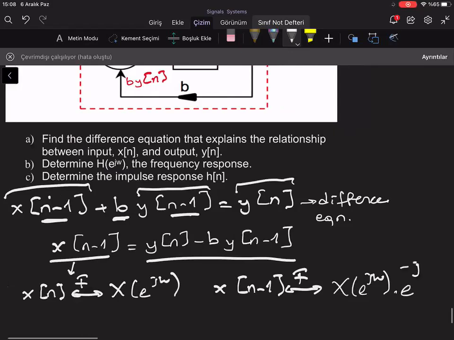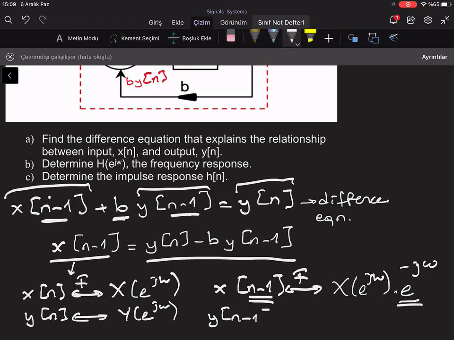From the properties, if there's a time shift here, it means there is a phase shift in the frequency domain. If you think about y of n, its Fourier transform is Y e to the j omega. And if you think about y n minus 1, its Fourier transform is again Y e to the j omega times e to the power minus j omega.